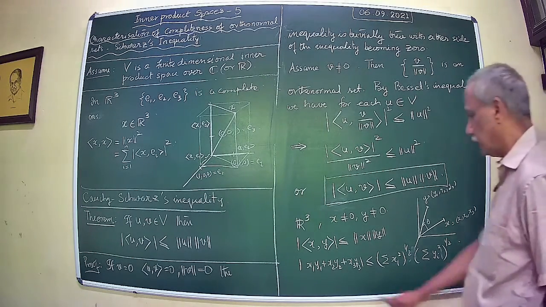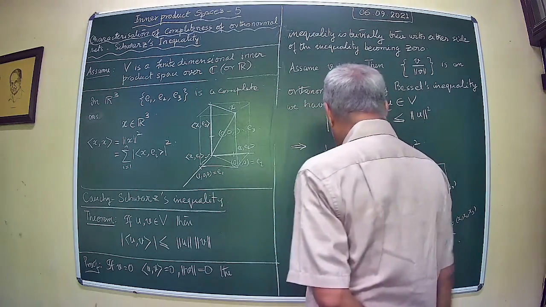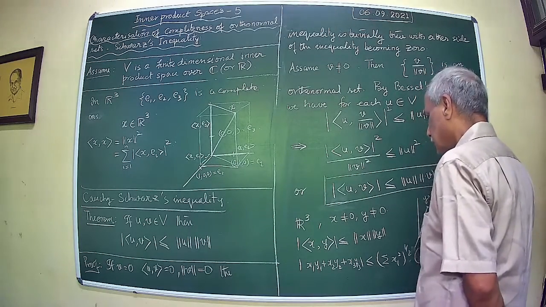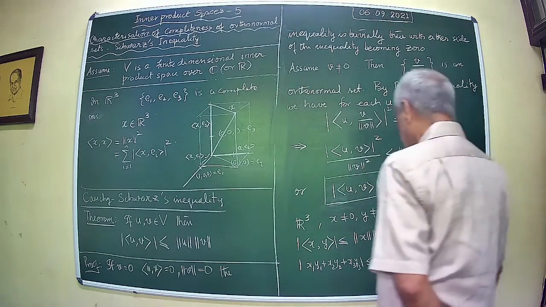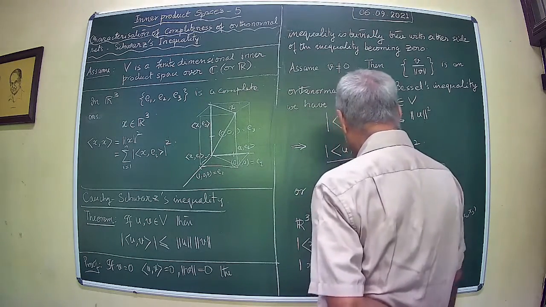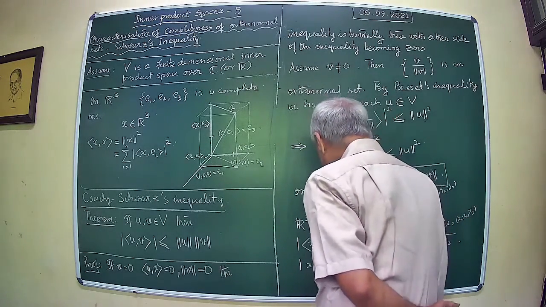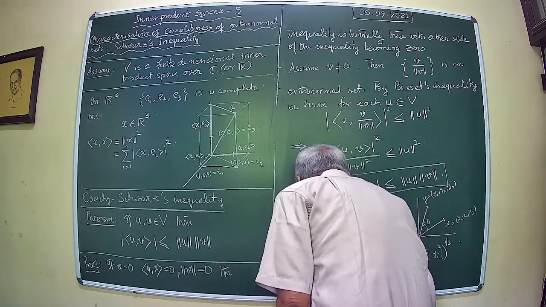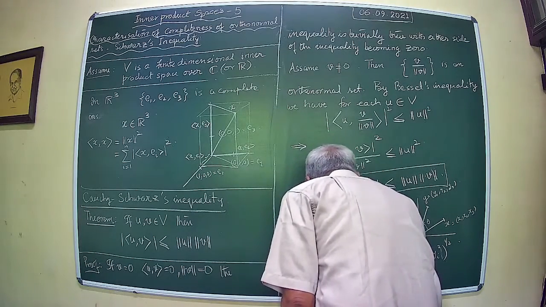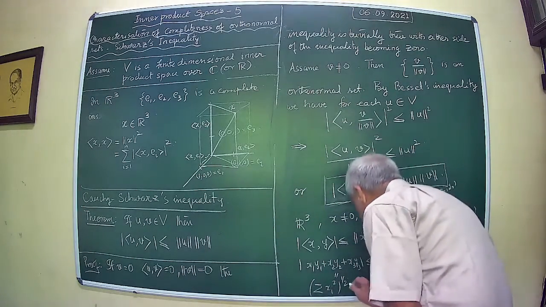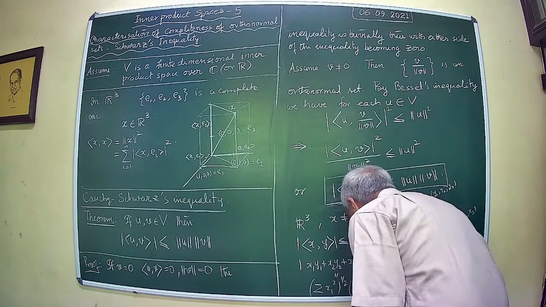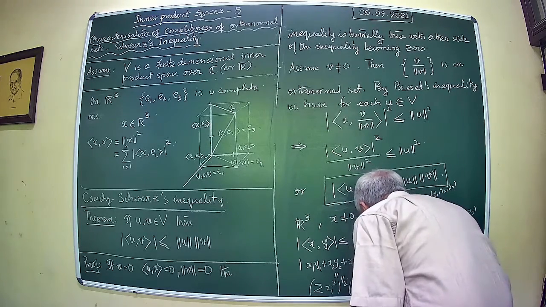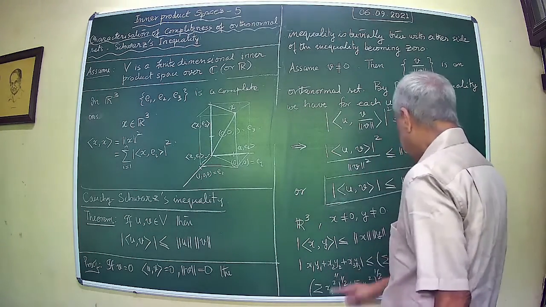This is actually the dot product of these two vectors, which is essentially the length of this. But this is equal to, as we have seen earlier, cos theta. This we have seen.